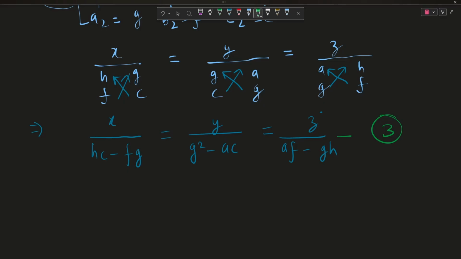Now I'm writing down all the three equations at once so that we can play with it and get our desired result which we want to prove.